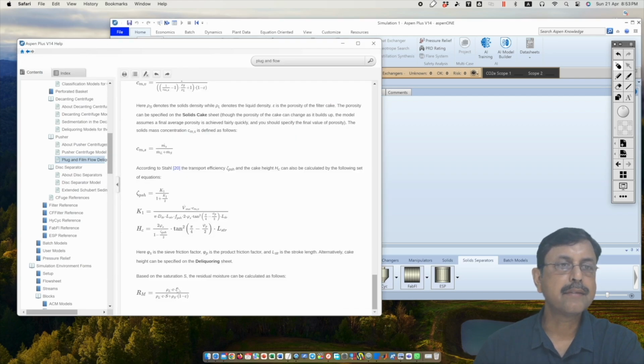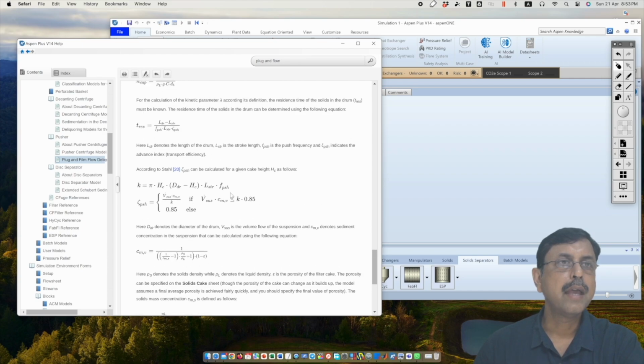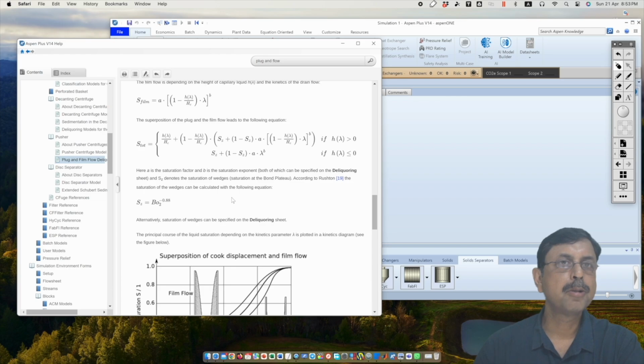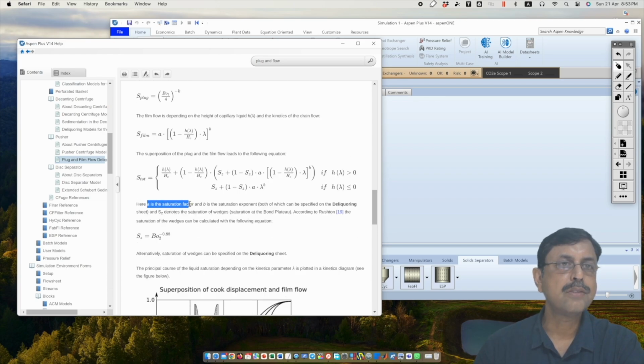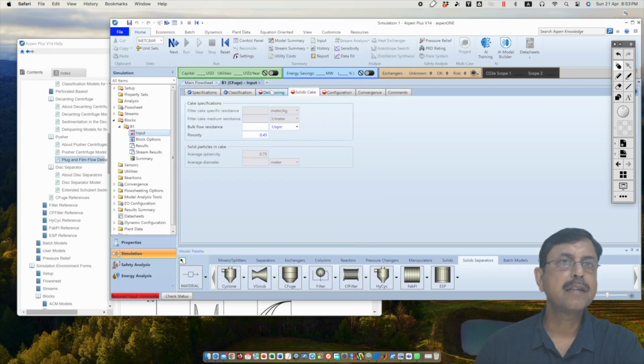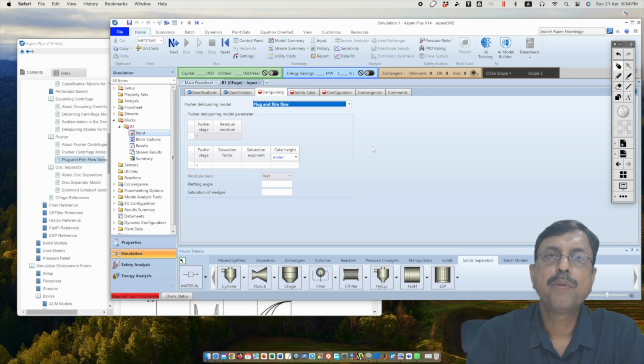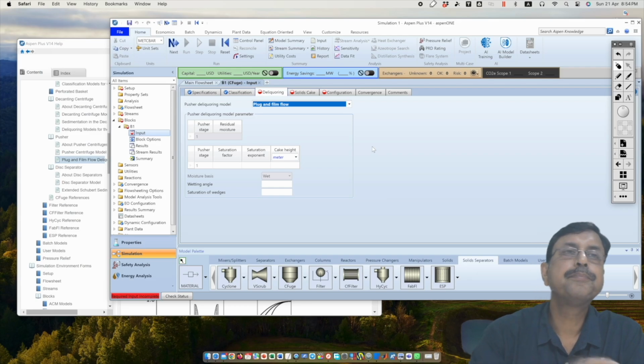And the S is the saturation. Okay. And saturation will be calculated over here. You will find A is the saturation factor and B is the saturation exponent, A and B. And the saturation factor and saturation exponent have to be given over here, and cake height also you need to mention. So this information you need to provide, and the pusher type of centrifuge can be simulated. Okay.